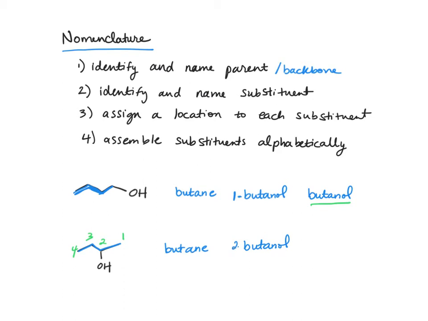So we've got 2-butanol for the name of this compound. Now, you don't always have to call compounds with the OL at the end, it's perfectly acceptable to write 2-hydroxybutane, and every organic chemist will understand what you mean.